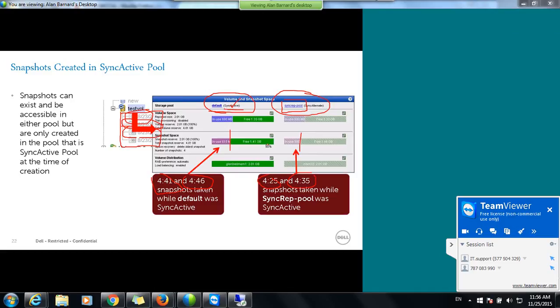Reason being, as I mentioned, when you are sitting on your default pool, you store your snapshot in your default pool, and the only way you can access this is by switching over, right? If you are in sync, that means you can access this at any point. So the answer is no, snapshots are never in sync. Only the volume is in sync.